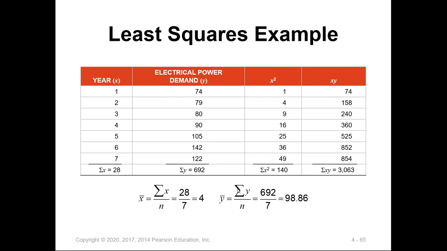If x is the year, y is the electrical power demand, then the summation of x is 28, x bar is equal to 28 divided by 7, and that is 4. The summation of the y values is 692. The average of y is 692 divided by 7, which is equal to 98.86.